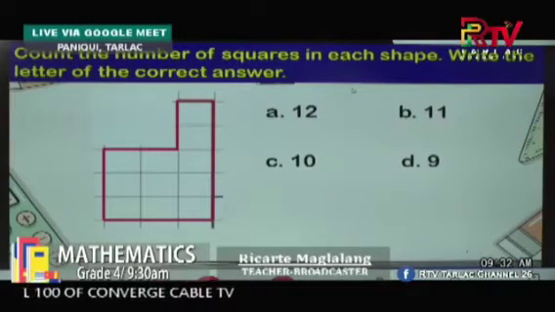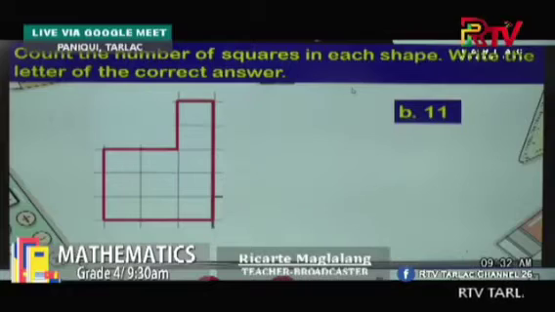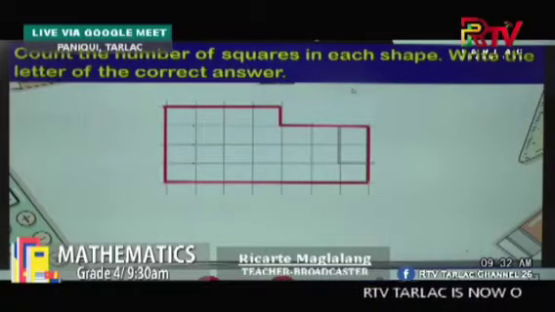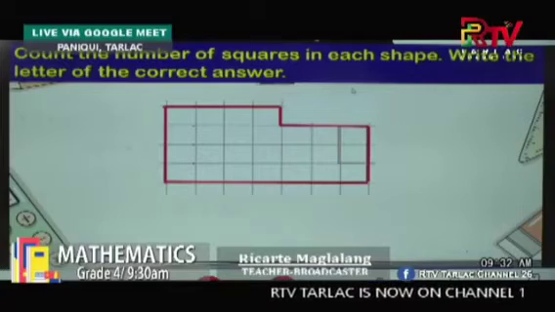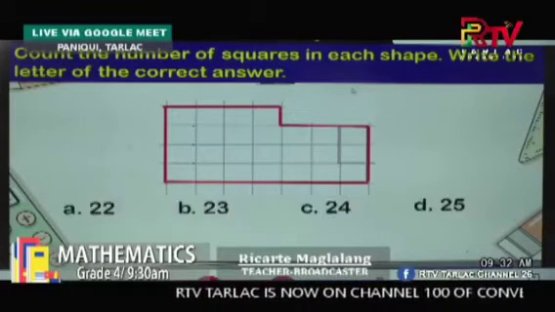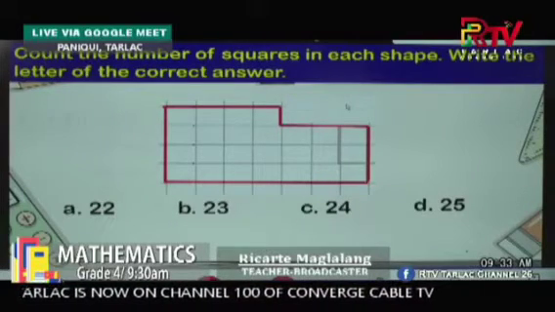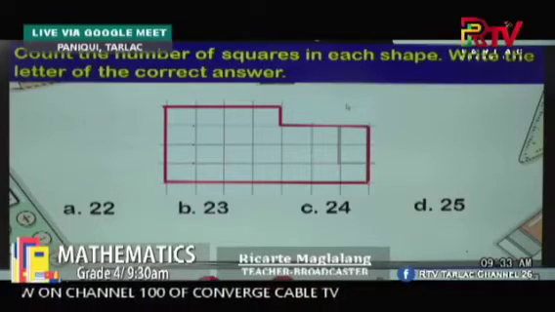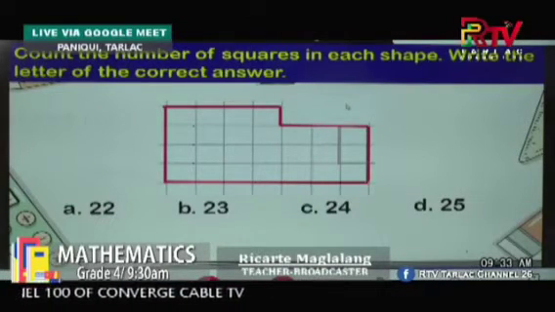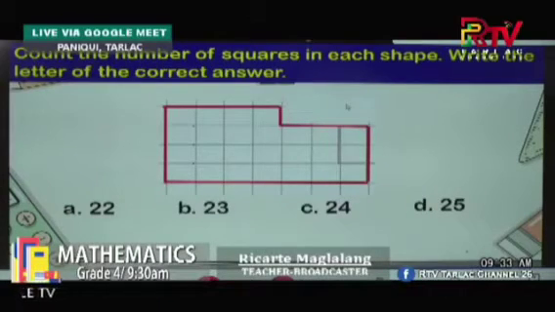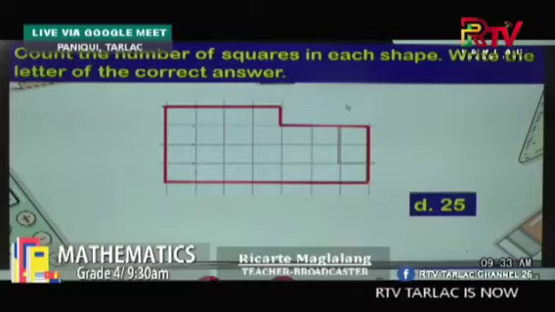The correct answer is B, 11. For figure 3, is it A, 22, B, 23, C, 24, D, 25. The correct answer is D, 25.